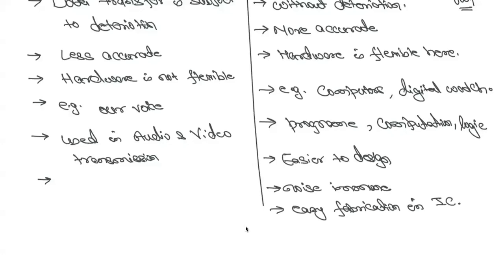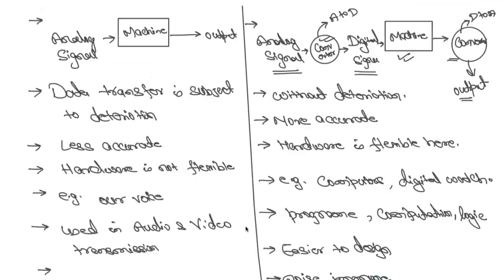All these things are advantages of digital electronics. Easy fabrication, is that understood? It can easily interact with the other components also.